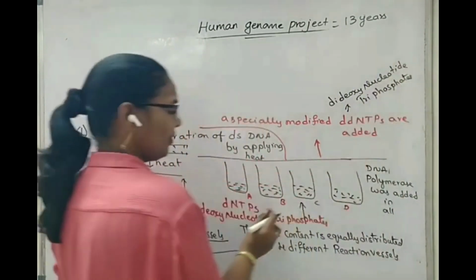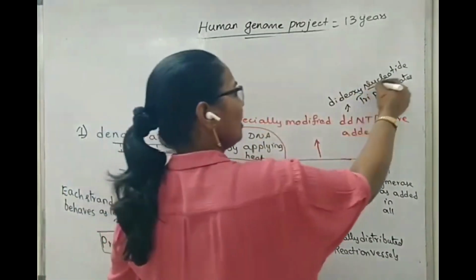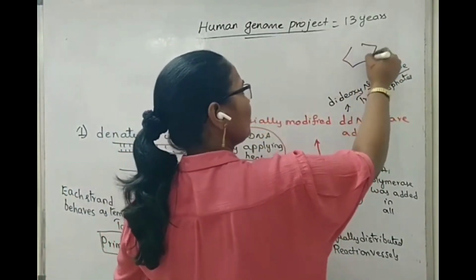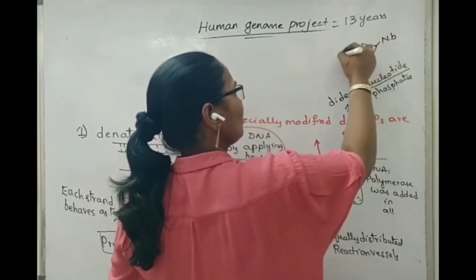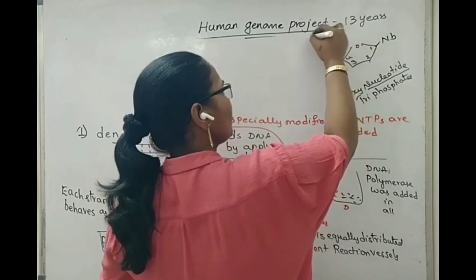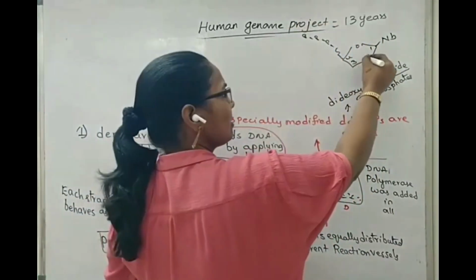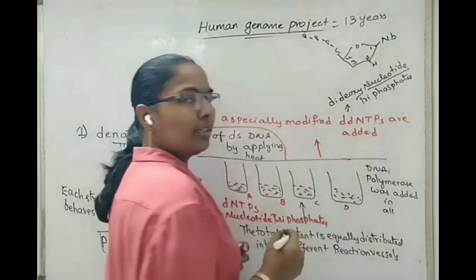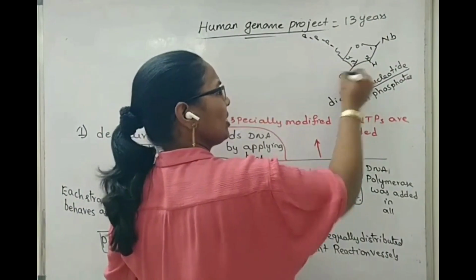Then what is the difference between dNTPs and ddNTPs? We know that a nucleotide has a pentose sugar, a nitrogen base, carbon 1, 2, 3, 4, 5 and phosphates, like this, a nucleotide triphosphate. At the second carbon there is hydrogen for deoxyribose sugar, and at the third carbon there is an OH group.